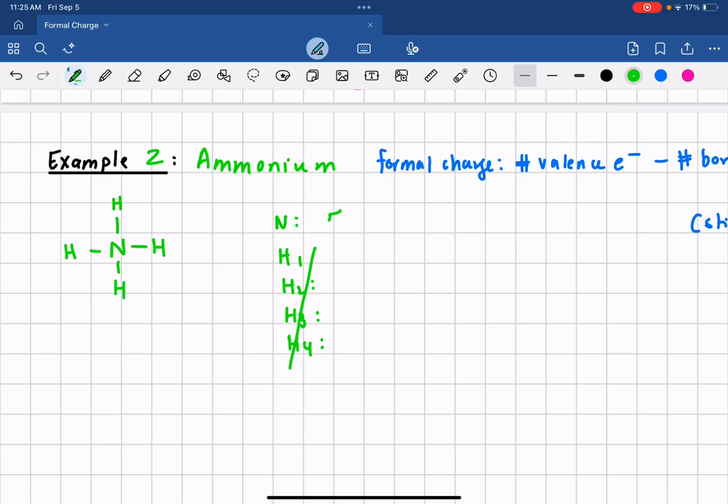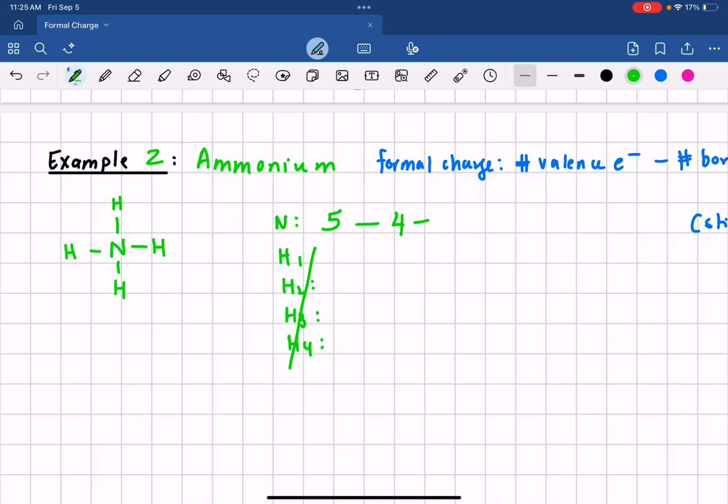Nitrogen has 5 valence electrons, and I can tell from the periodic table, minus how many bonds is it connected to, or how many sticks? 1, 2, 3, 4. It's connected to 4 sticks, and it has 0 non-bonding electrons.